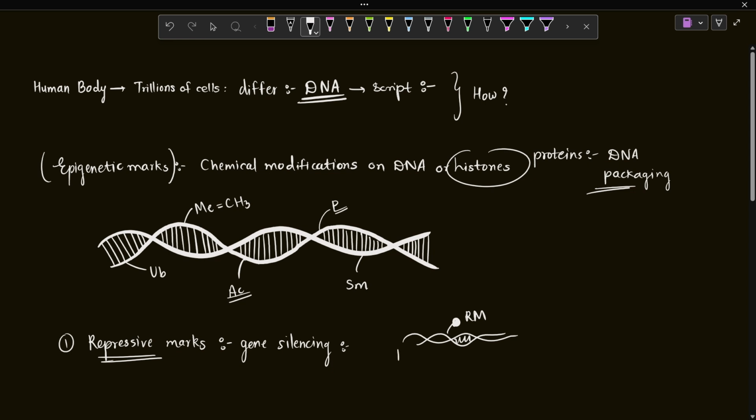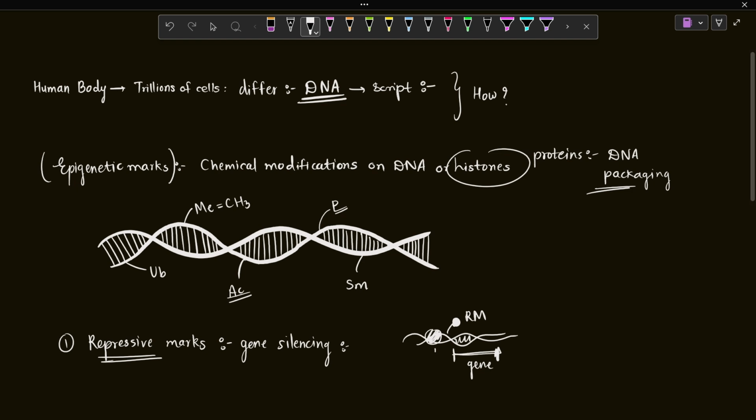So this is the gene, and from here the DNA reading machinery comes and starts transcribing the DNA. But there's a repressive mark silencing the gene. So this gene will not be transcribed.